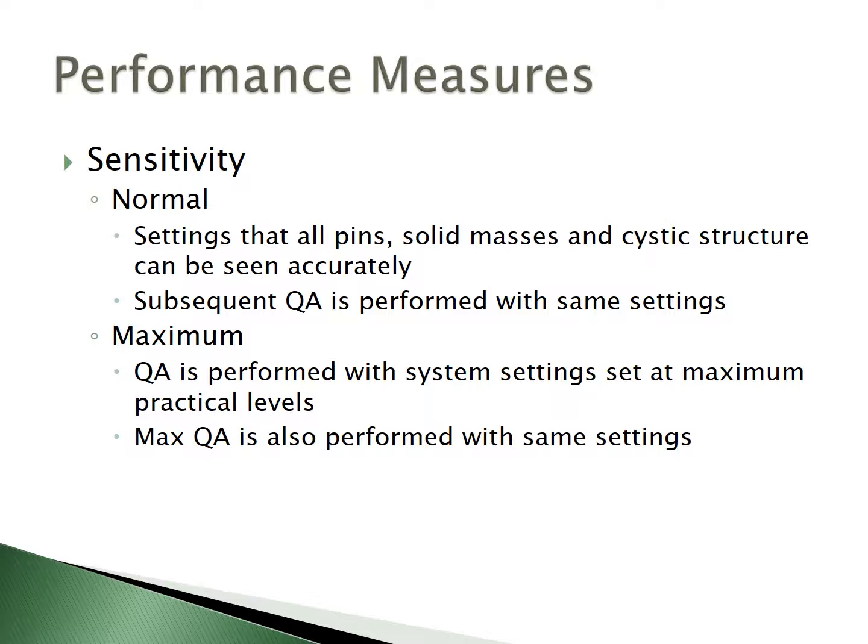So granted, we keep our gain relatively low for our normal sensitivity setting, where maximum we'd start to turn our gain up really high and see what everything looks like in the phantom. So again, we want to do a normal test, kind of what we would use in the clinical setting, and then we want to do a maximum test, crank everything up, and see what everything looks like in that phantom.